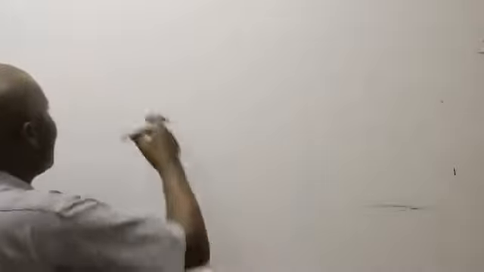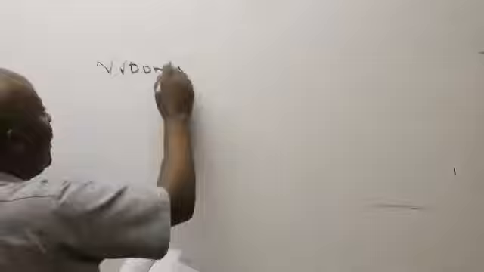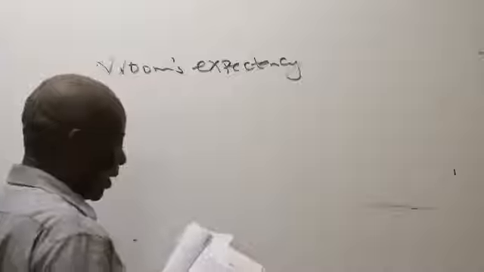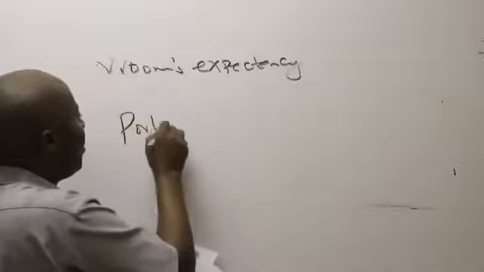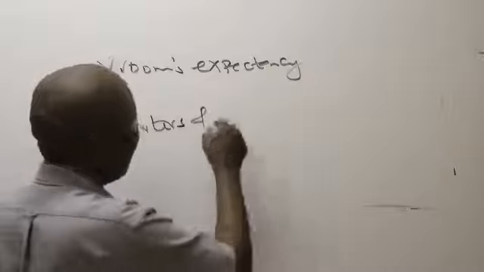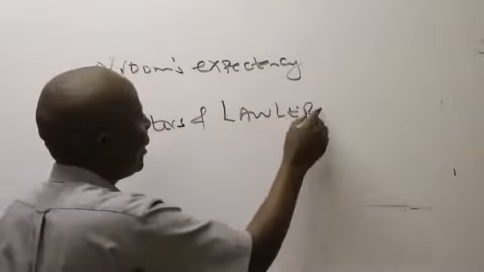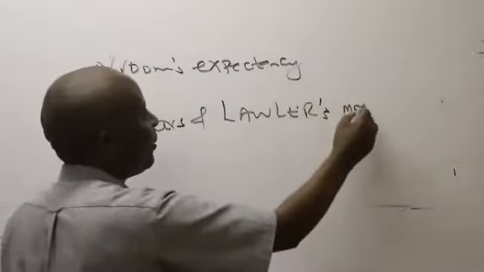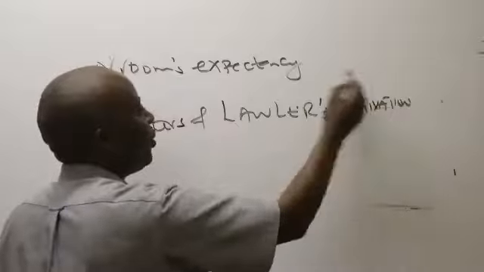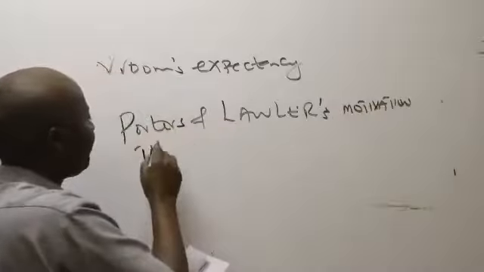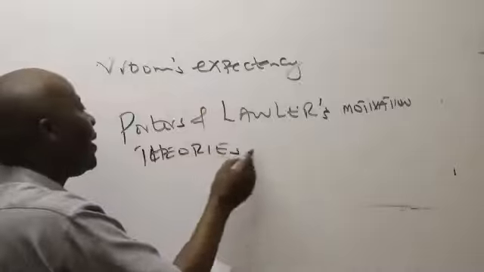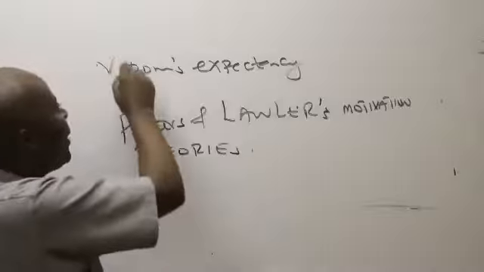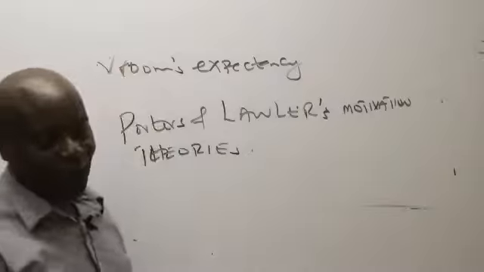Wanasema Vroom's expectancy theory, and then we have Porter and Lawler's motivational theories, very easy. And some of these things sink in very well. Wakati mtihani imekaribia, utazishika, unakuwa ukilia tu hapa bure. Mtihani ikaribia, hii 1 week, utashika vitu mingi sana.